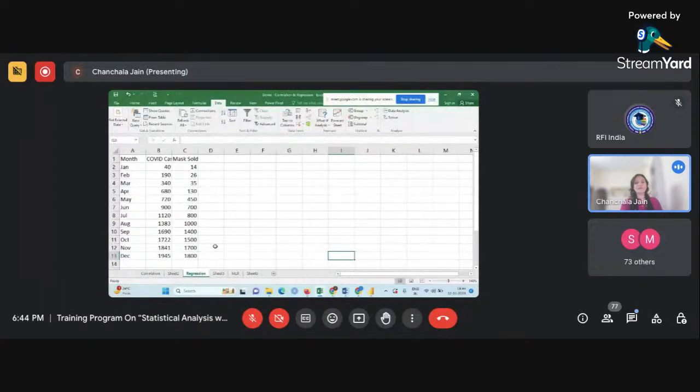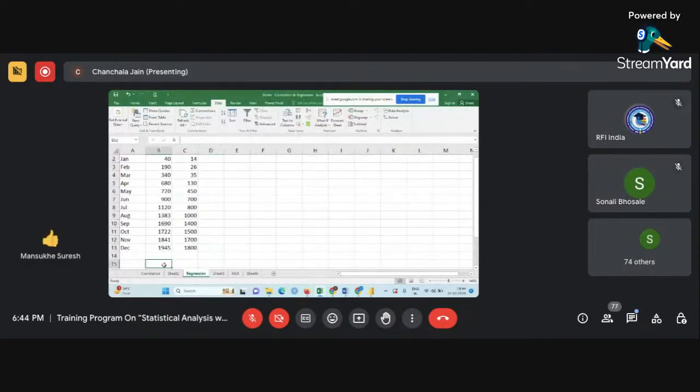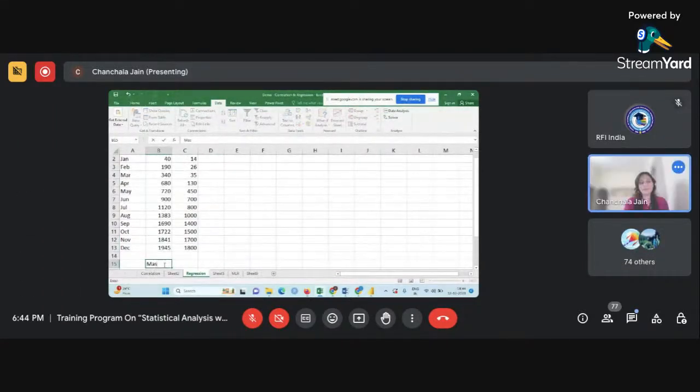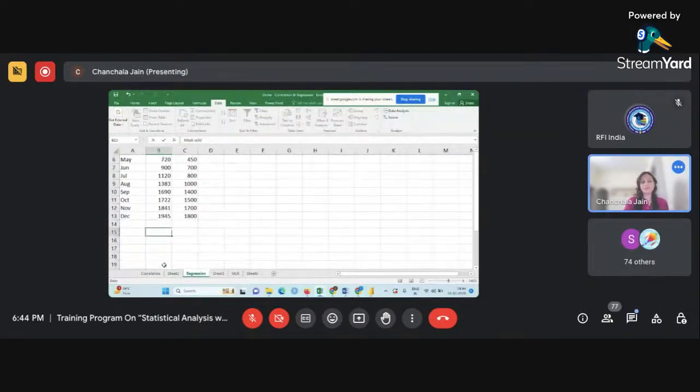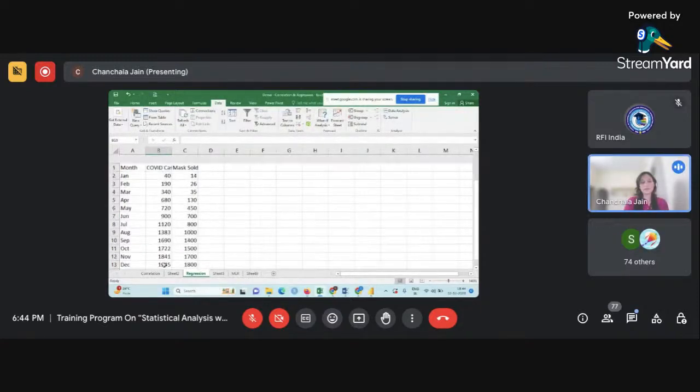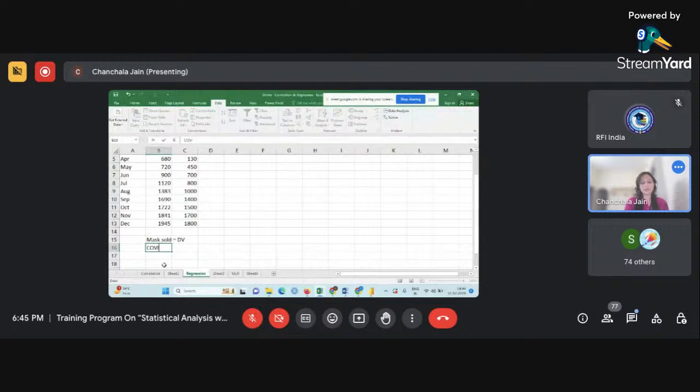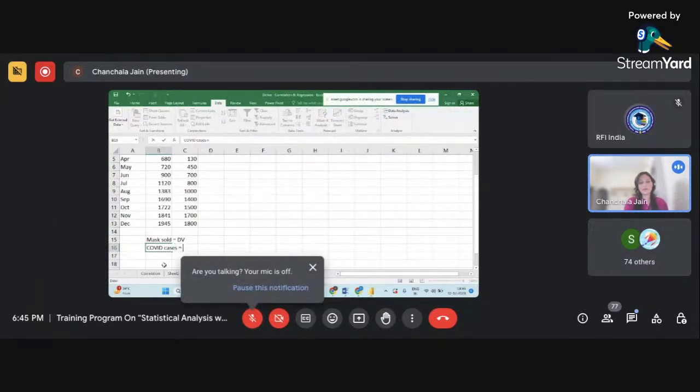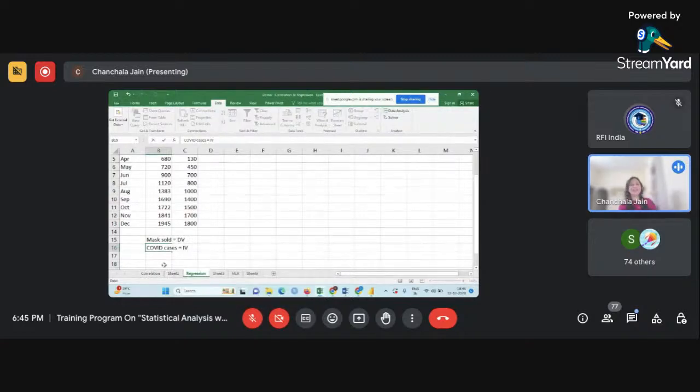So I take masks sold as the dependent variable, DV, and COVID cases as the independent variable. Quite convincing. Even I want to say the same. Thank you, ma'am, for telling me this. So it is quite clear that COVID cases will be the independent variable and masks sold will be the dependent variable.